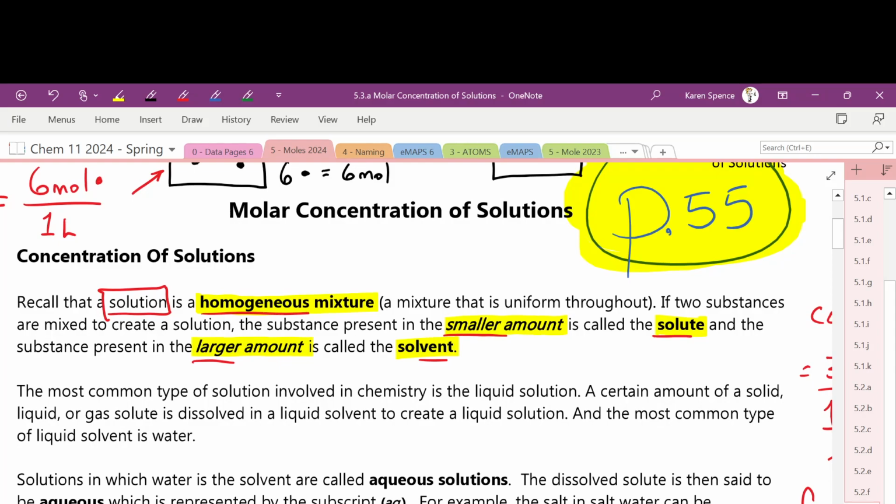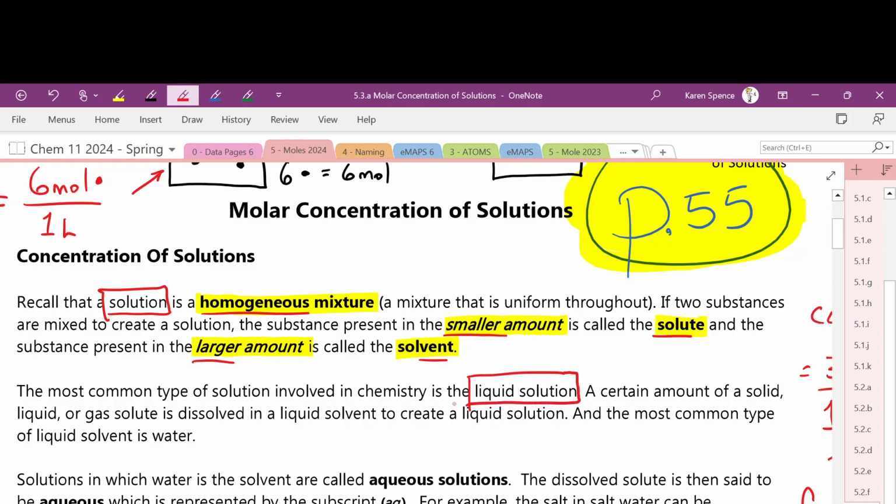So, there are tons of different kinds of solutions. In fact, air itself is a solution because it is a homogeneous mixture of oxygen gas and carbon dioxide gas and mostly actually nitrogen gas. But we don't deal with those kinds of mixtures very much in chemistry 11. Mostly what we do is we have a liquid solution.